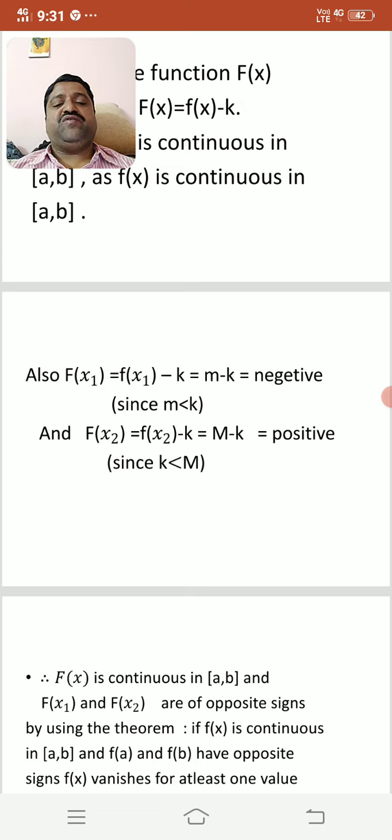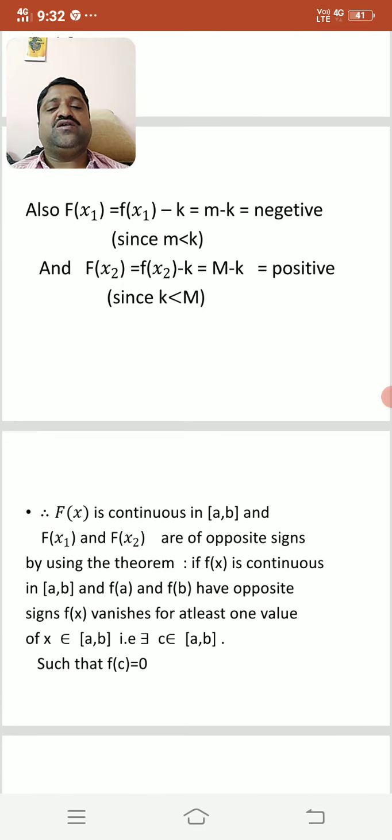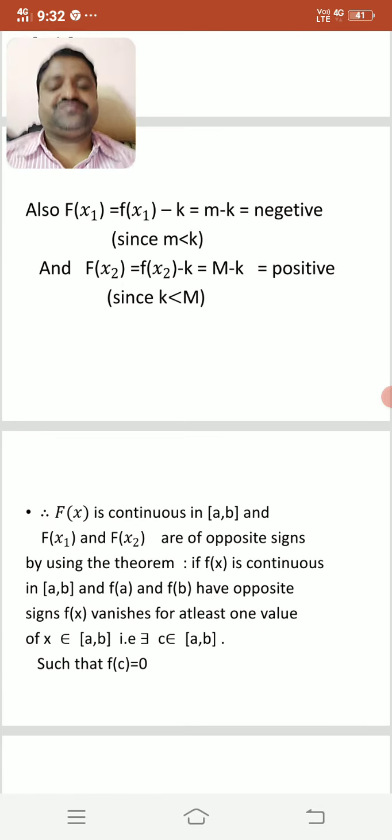Also, F(x1) = f(x1) − k = m − k, which is negative since m < k. And also, F(x2) = f(x2) − k = M − k, which is positive since k < M.